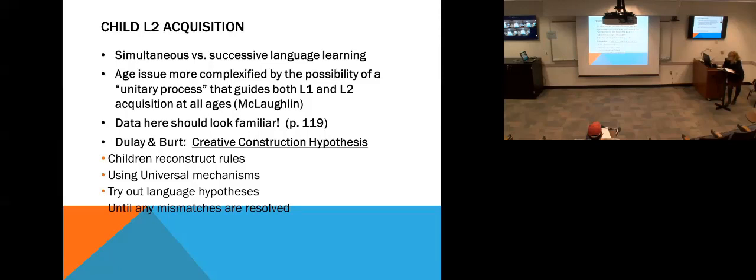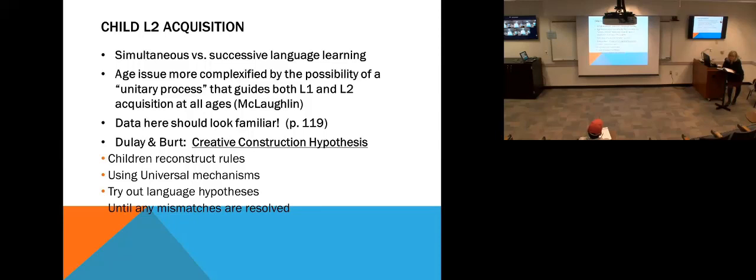Now, the age issue is complicated, and we are going to come back to the age issue in the book. There are a number of ways in which people have approached the age issue. A lot of people who believe in innate principles of language say that it's exactly the same.